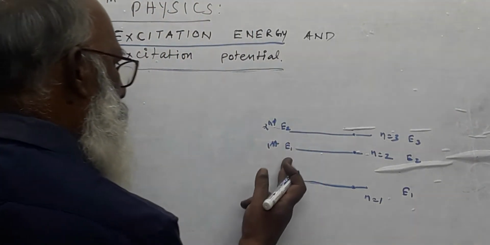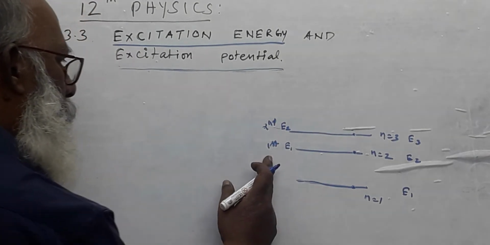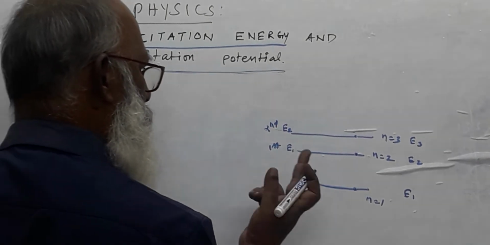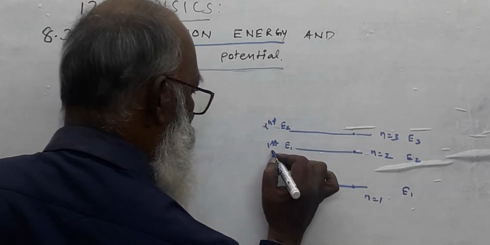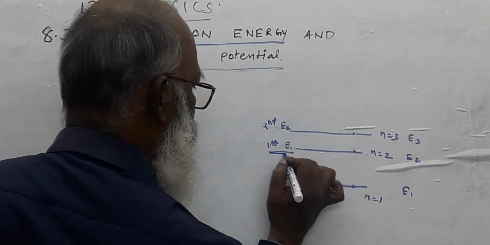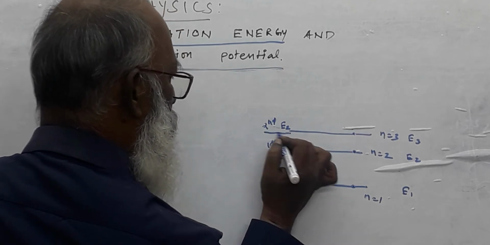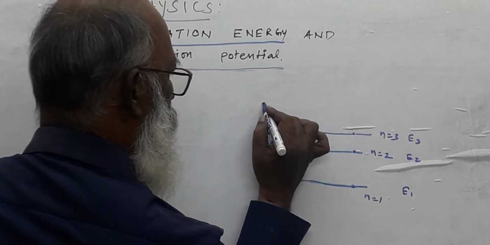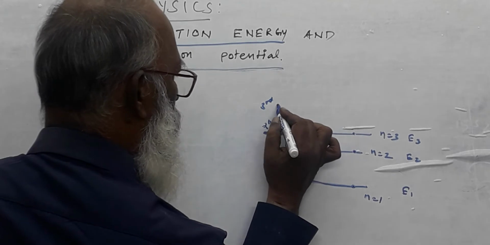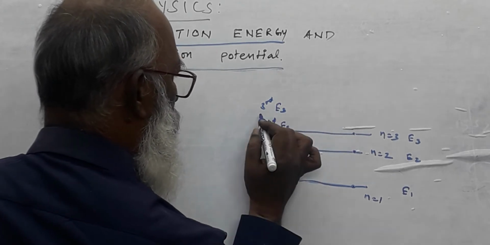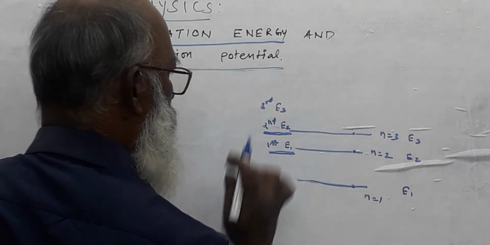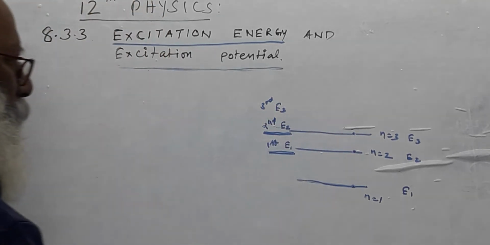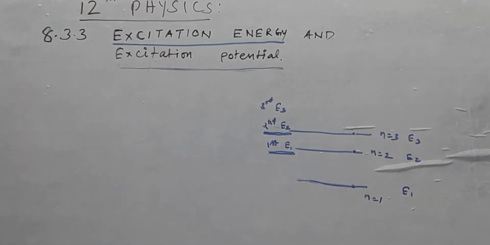Here the same letters are repeated, but the definition is different. This is called first excitation energy. This is called second excitation energy. E3 means the third excitation energy.